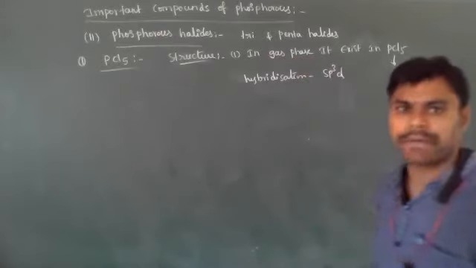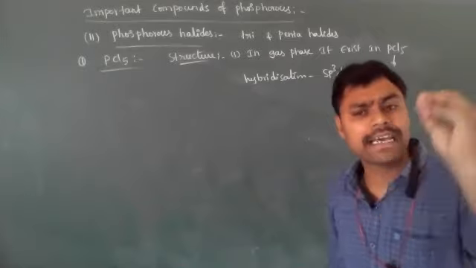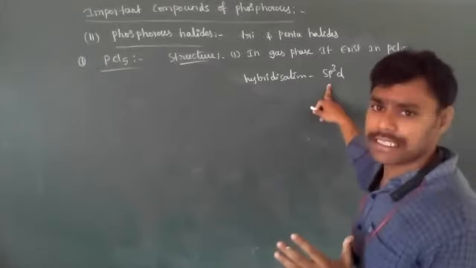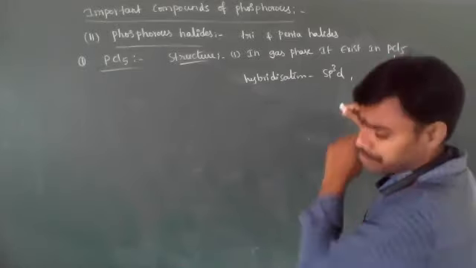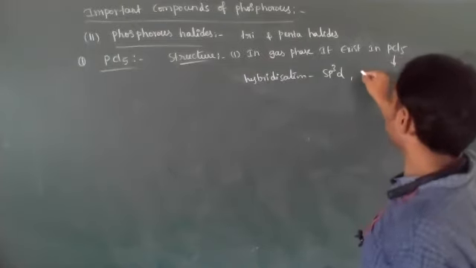So PCl5, phosphorus pentachloride, exists in the gas phase only. Its hybridization is sp3d and the geometry is trigonal bipyramidal.